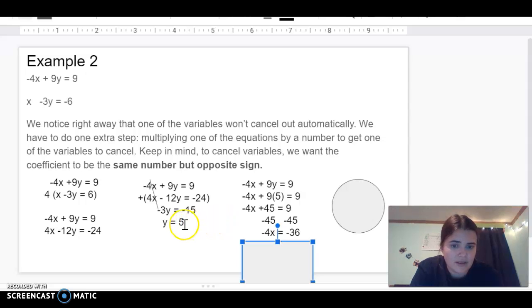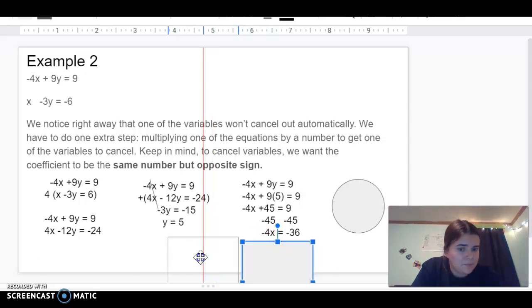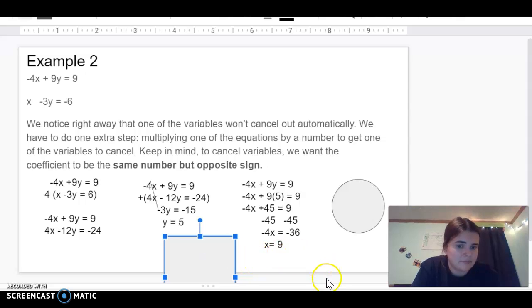So we just take this 5, put it wherever we see a y, and we get negative 4x plus 9 times 5 equals 9. 9 times 5 is 45, so we're left with negative 4x plus 45 is 9. Subtract that 45 from both sides, just keep doing your algebra, and you get negative 4x equals negative 36. We just divide both sides by negative 4, and we get x is 9.